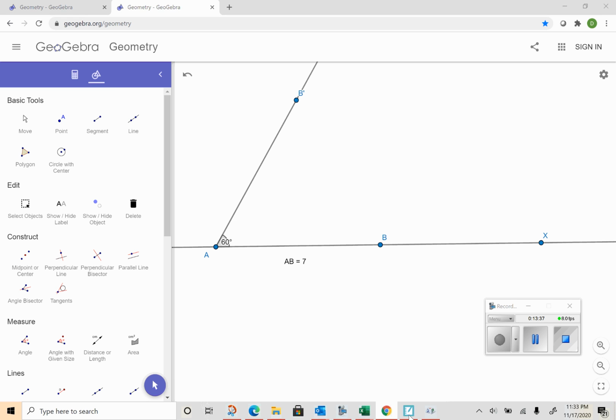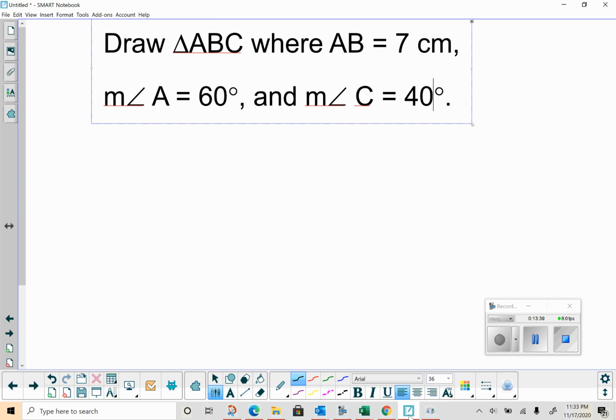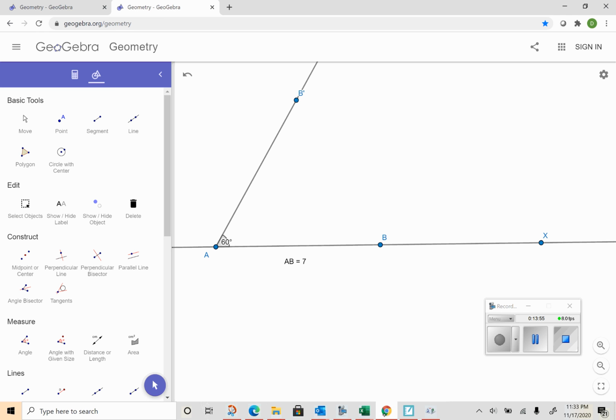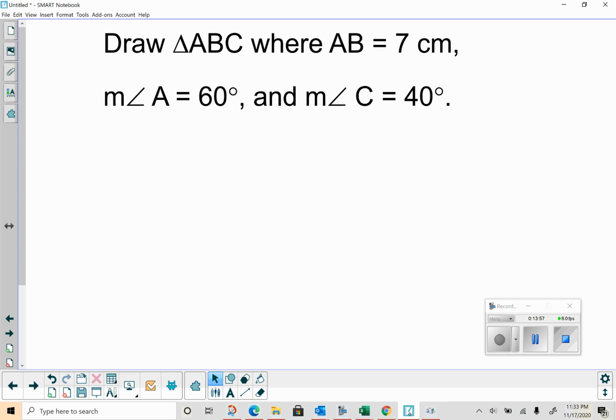Don't fear. And now to your rescue comes the triangle angle sum theorem. You're given two of the angles of the triangle. I know the location of point B. What's the measure of angle B? That's right.